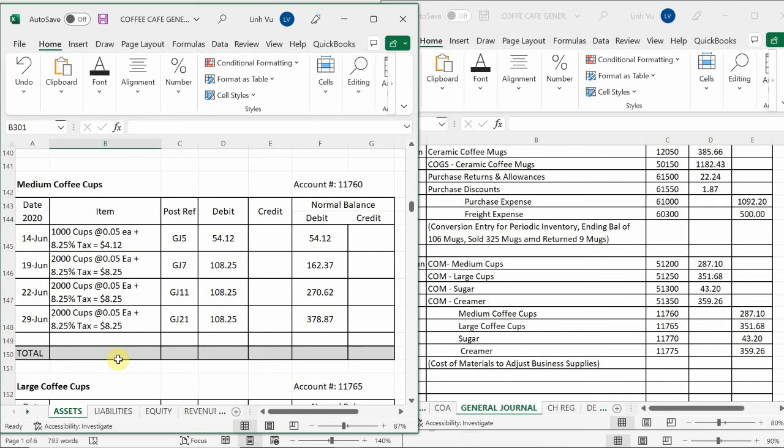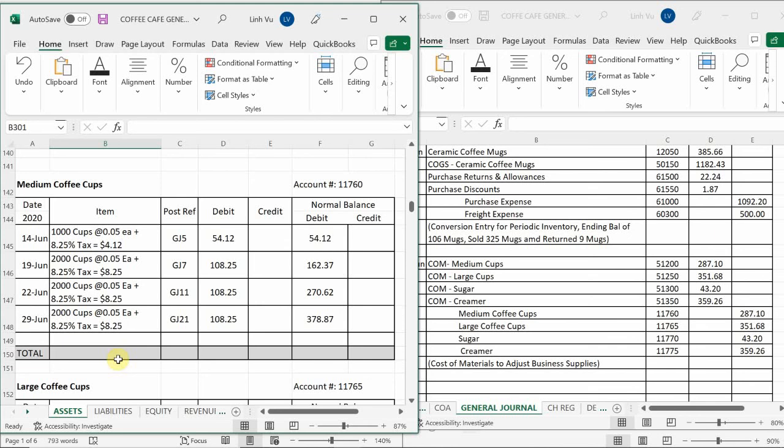Does my account still have 7,000 cups in it? No, right? That's why I have to do an adjustment, because right now it says I purchased 7,000 cups. But my adjustment entry told me that I ended up using 5,297 cups. So I should reflect how many I actually have left.